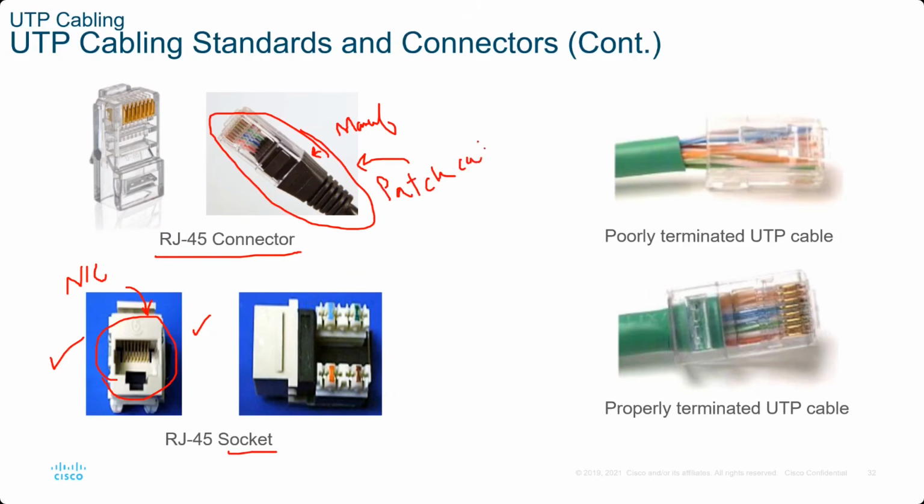It is pre-terminated. You just tell them, I need a 10-meter cable, or a 100-meter cable, and so on. They have pre-made these at the manufacturer. If you don't know how long a cable you need, then you just buy a cable and a technician will terminate it himself.